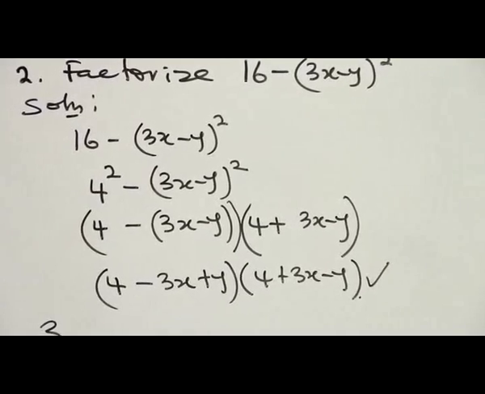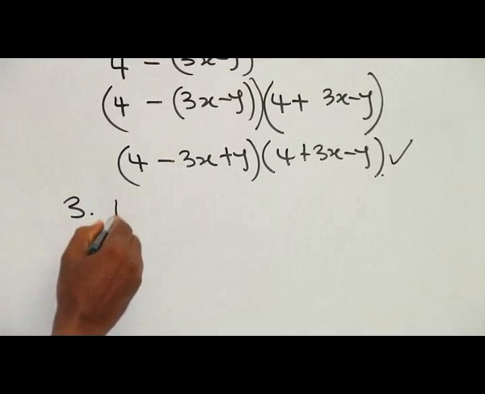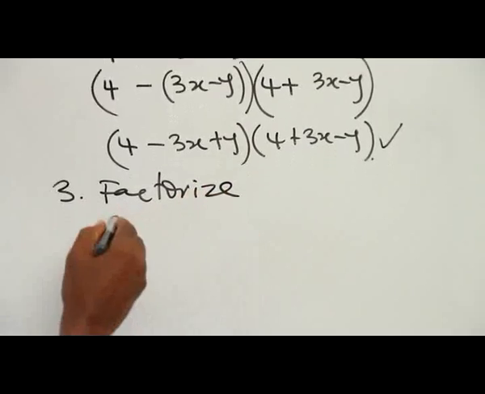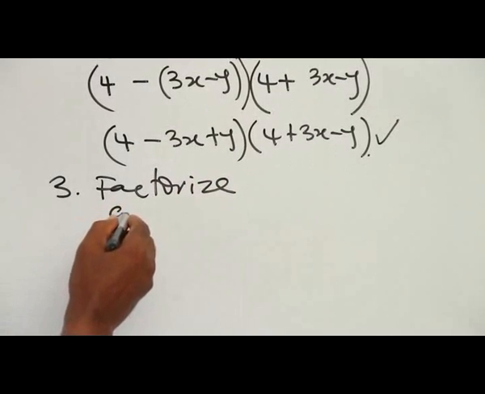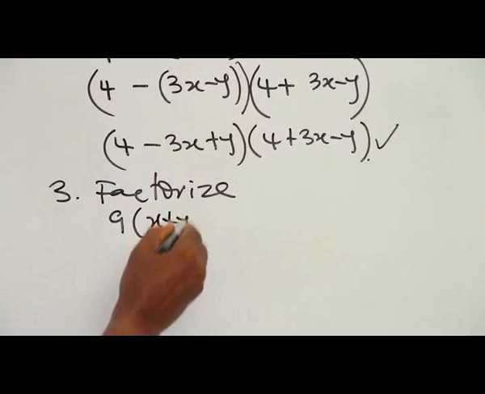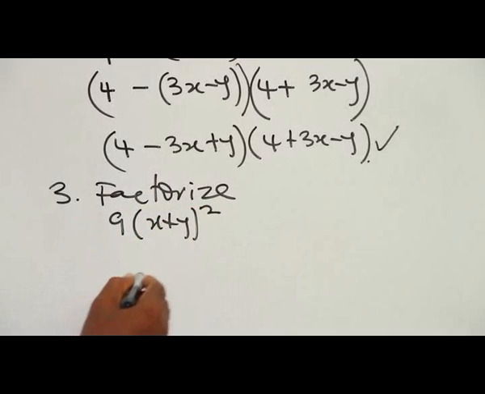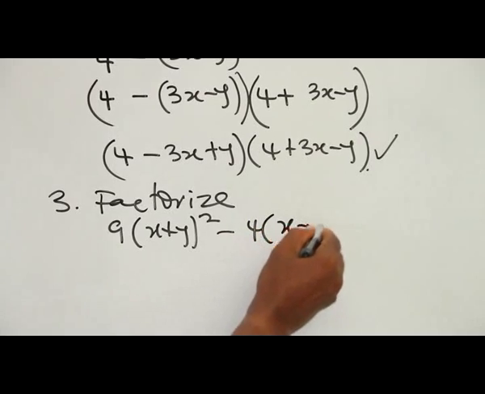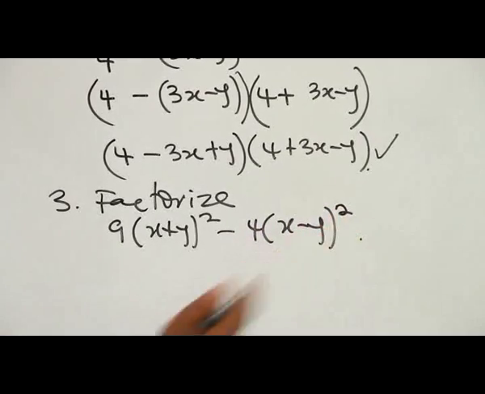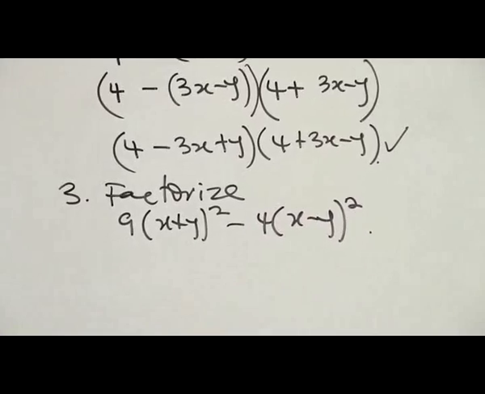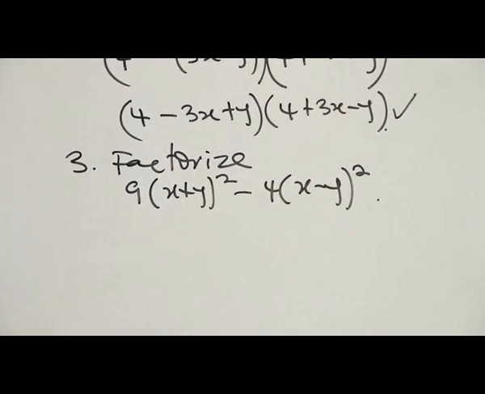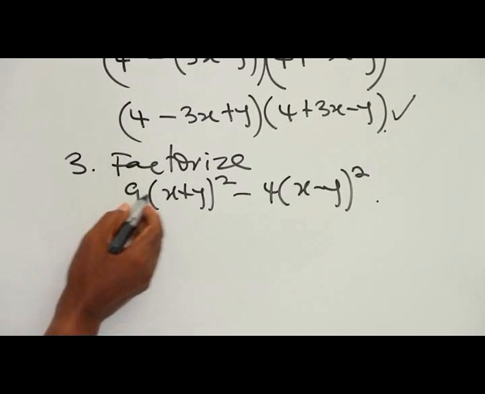Another example would be something like this. You are asked to factorize 9 into s plus y all squared minus 4 into s minus y all squared. Okay, now if you look at this, the 9 here can be written as a square.